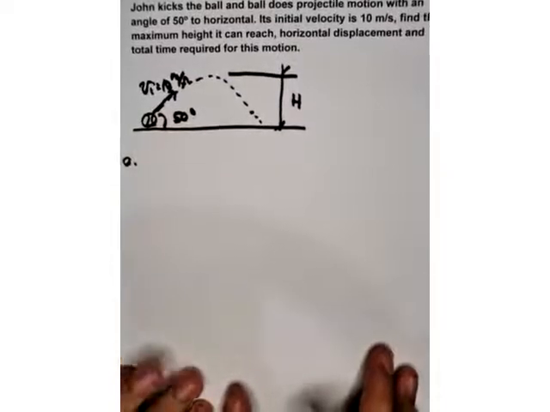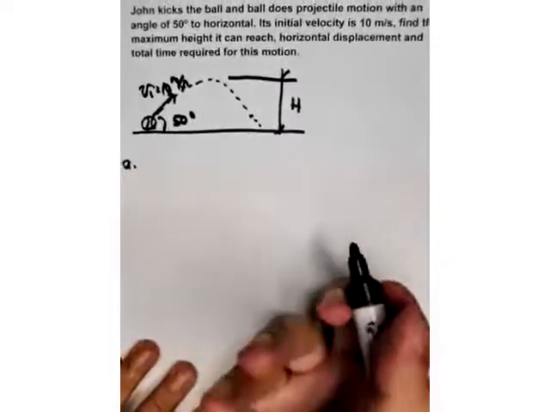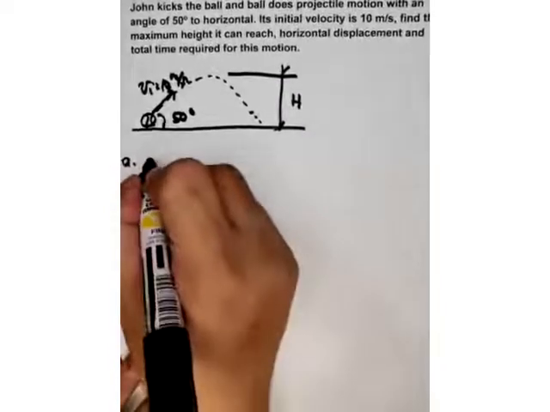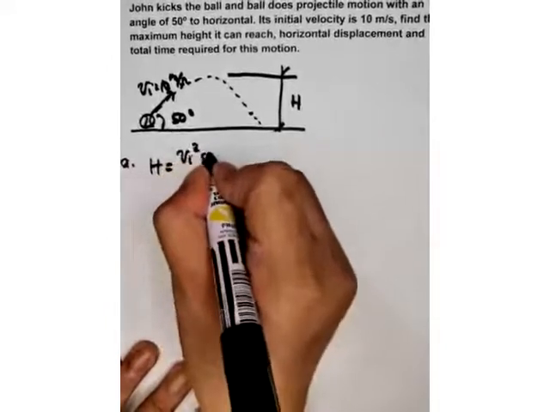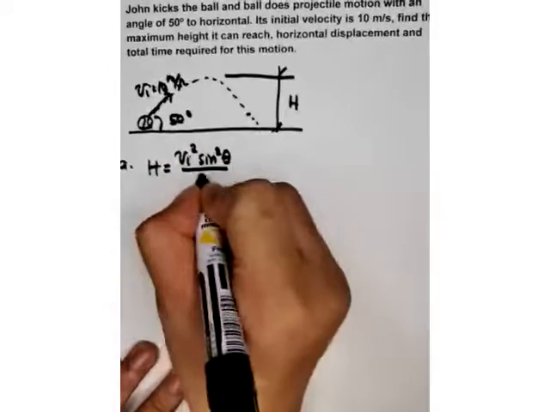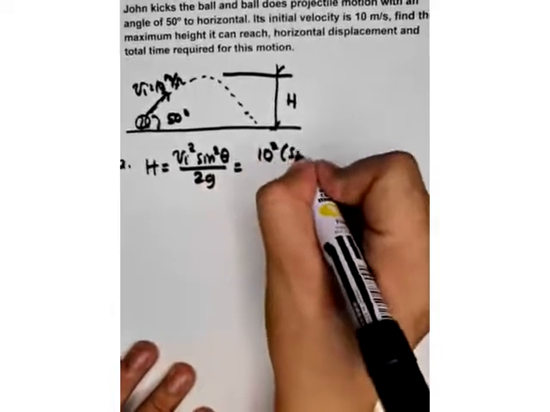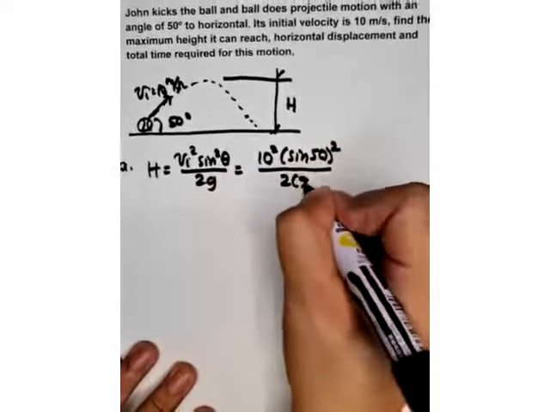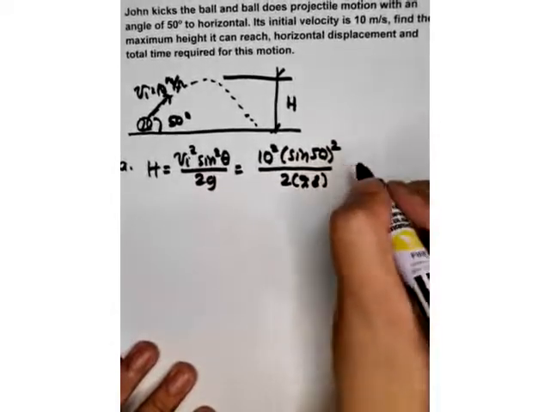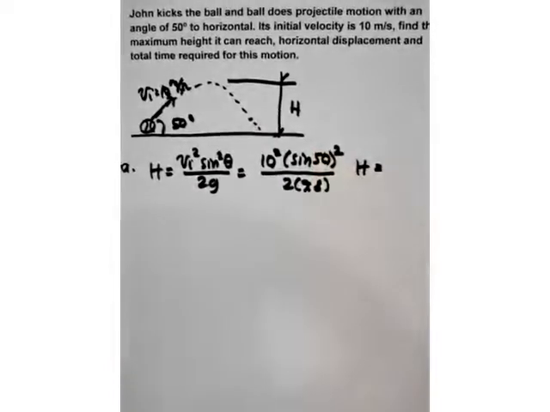What do you think? Okay, so we can use the shortcut. Okay, so yung maximum height is equal to v_i squared sine squared theta over 2g. So that's equal to 10 squared times sine 50 squared over 2 times 9.8. So what is the maximum height?